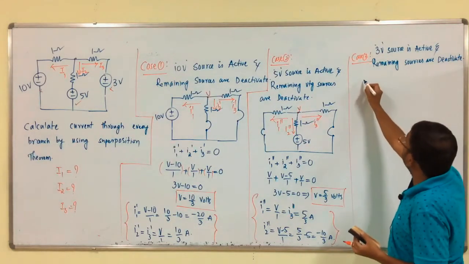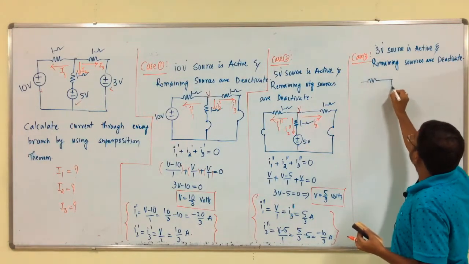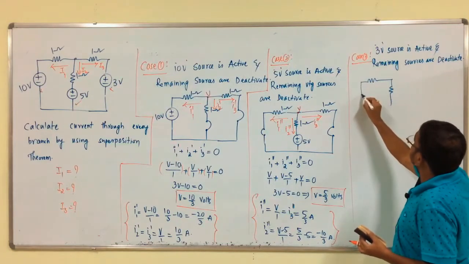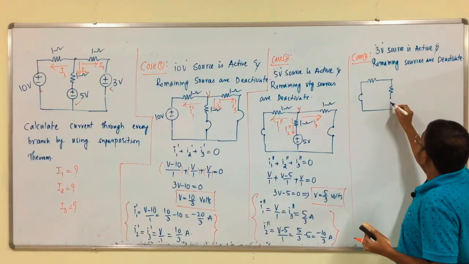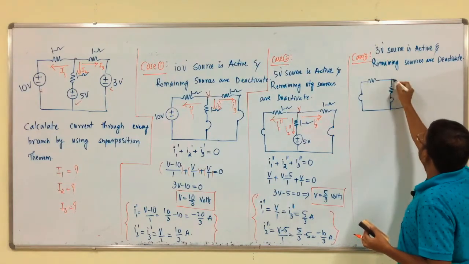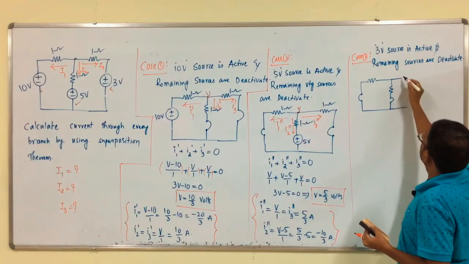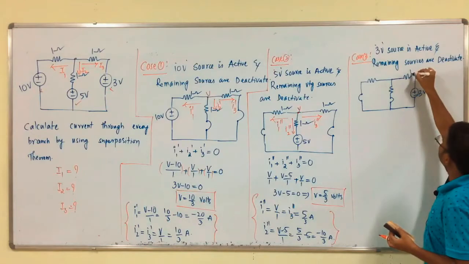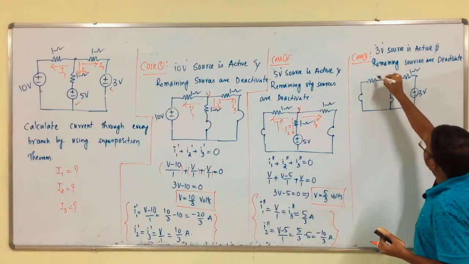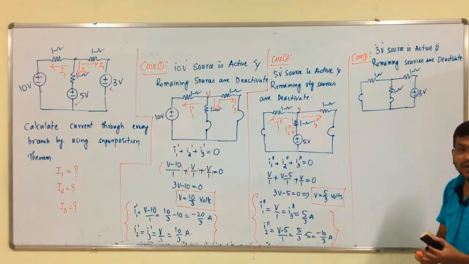Then the circuit becomes what? The voltage source is short circuited, again short circuited, and this is the plus minus 3 volt voltage source, with 1 ohm, 1 ohm, 1 ohm. This is the circuit for case 3.